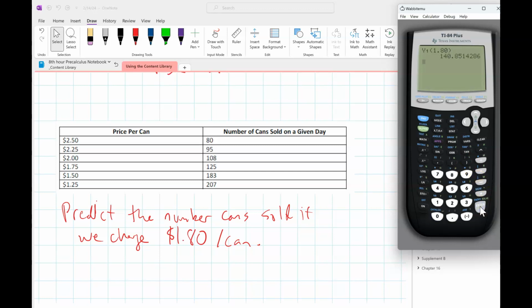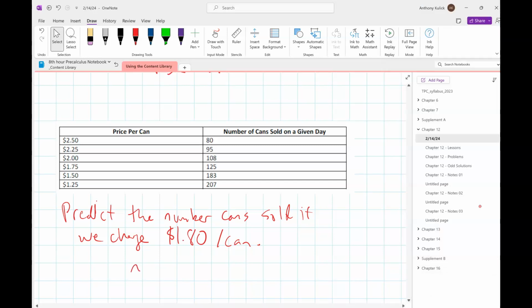If I press enter, I get about 141 cans. Everybody okay there? So there's actually two types of predictions we can do. Notice that 1.8 was in between the biggest and smallest x values in my data set, right? That type of prediction is called interpolation.